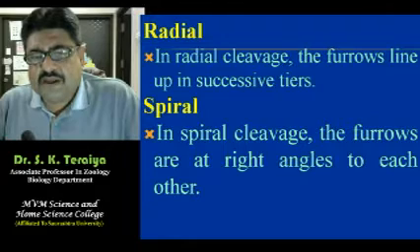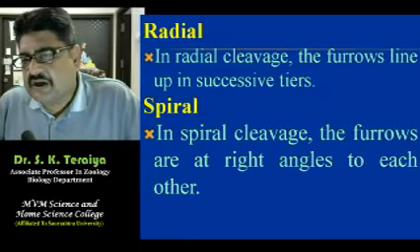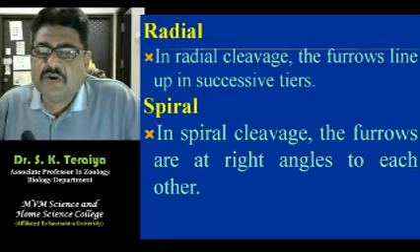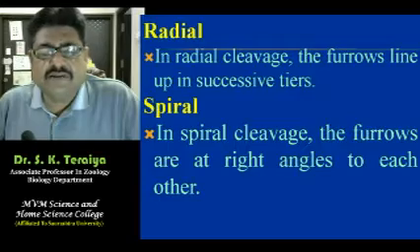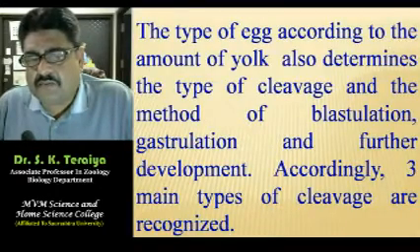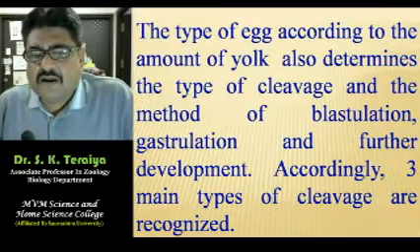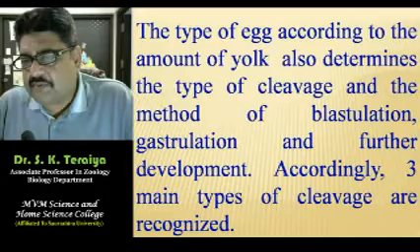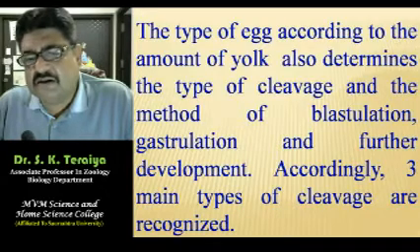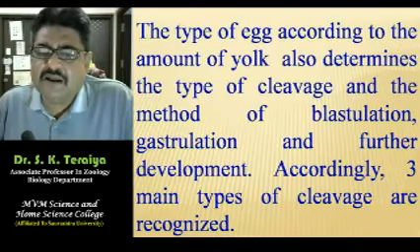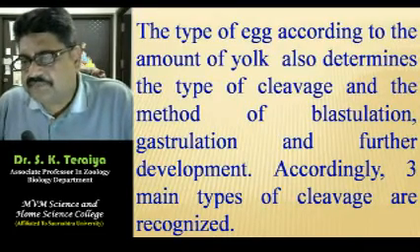Spiral: in spiral cleavage, the furrows are at right angle to each other. The type of egg, according to the amount of yolk, also determines the type of cleavage and the method of blastulation, gastrulation and further development.